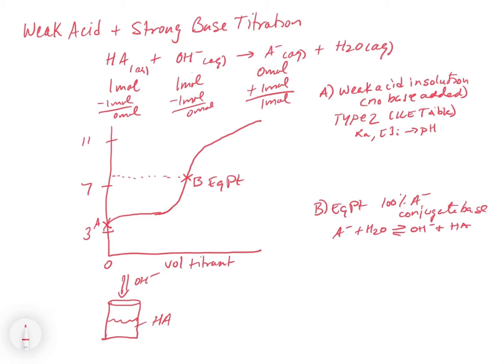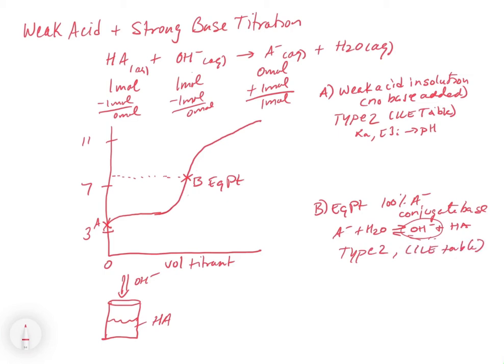So if you go back to the video that talks about hydrolysis of salts, you'll see that if you have the conjugate base as an anion in the salt, it will react with water to make OH minus and HA. So at the equivalence point here, we're going to have some OH minus around because of the A minus. And so this is also a type 2 problem, which is an ice table problem.